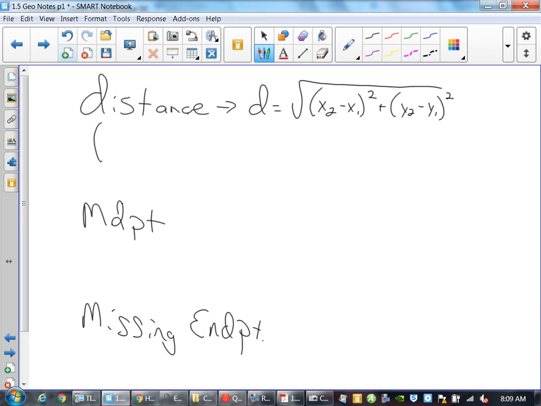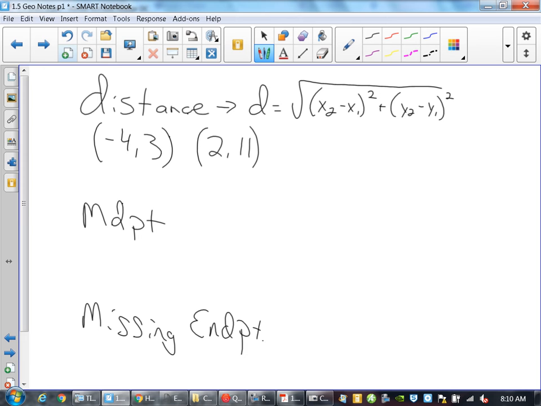So let's look at an example. Let's say we have negative 4 and 3, and 2 and 11. We'll go both ways with it. We'll walk ourselves through it the long way, and we'll also do it the logic way.